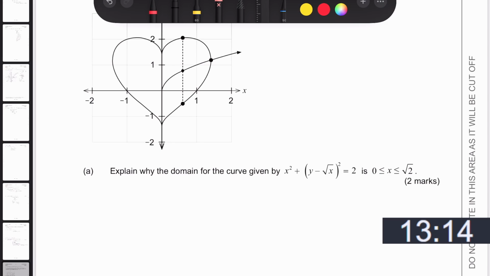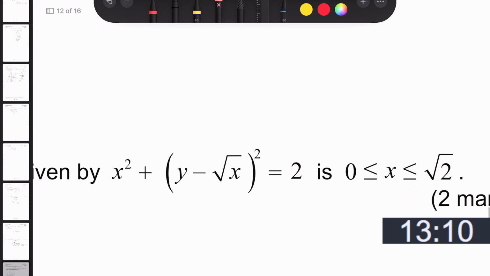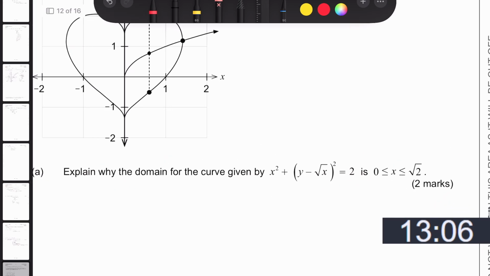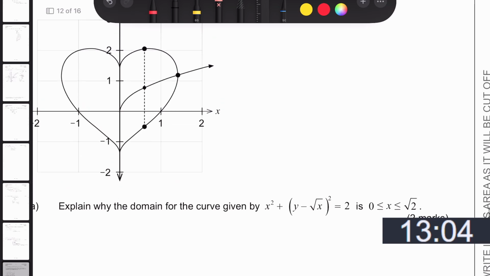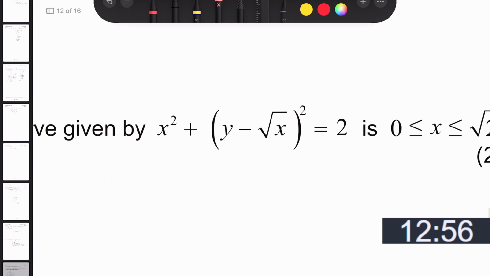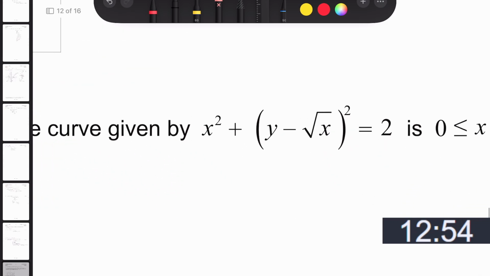For the square root of x, x has to be greater than or equal to 0.